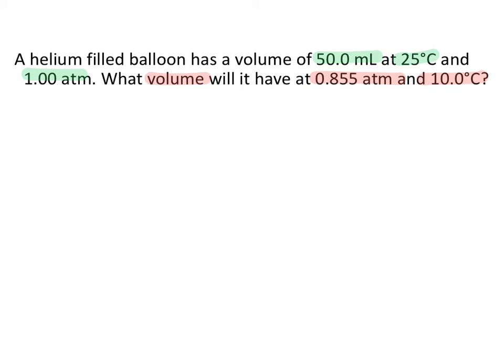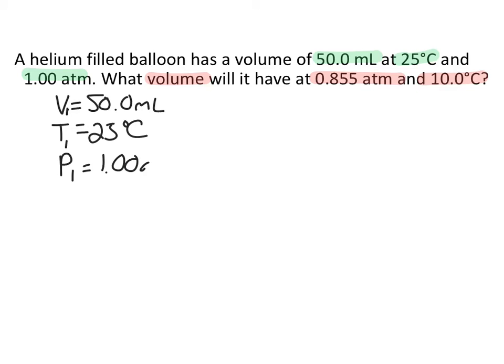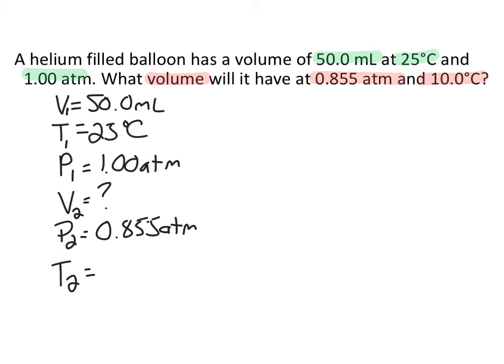So when I define my variables, I was given a volume of 50.0 milliliters, a temperature of 25 degrees Celsius, and a pressure of 1.00 atmospheres. What volume, so I'm looking for a second volume, V2, will it have at a pressure of 0.855 atmospheres, and a temperature of 10.0 degrees Celsius.